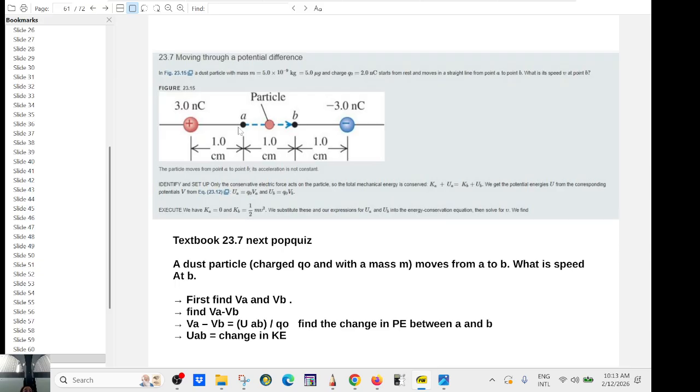And then you want to find the delta V, the drop in voltage, multiplied by Q, and you have the change in kinetic energy. But first you have to find the voltage at A and the voltage at B, so you can find the drop, the altitude change. So you can help each other.